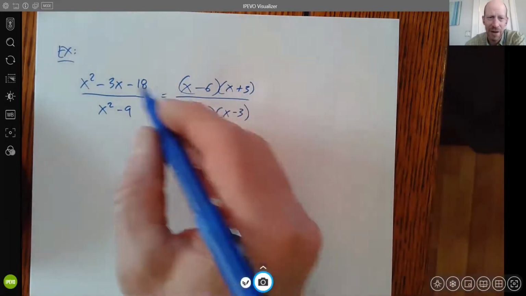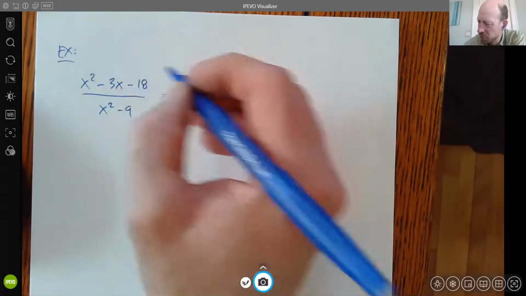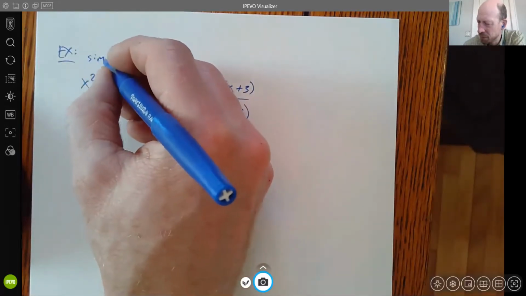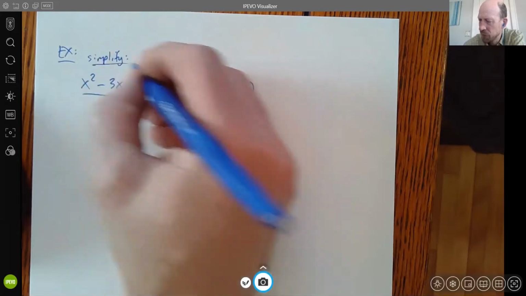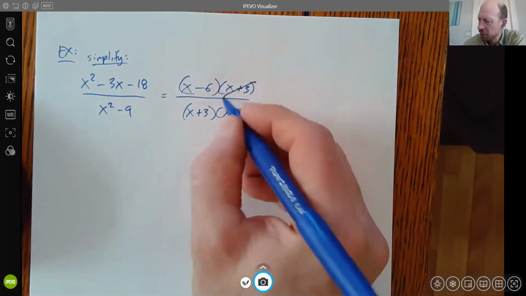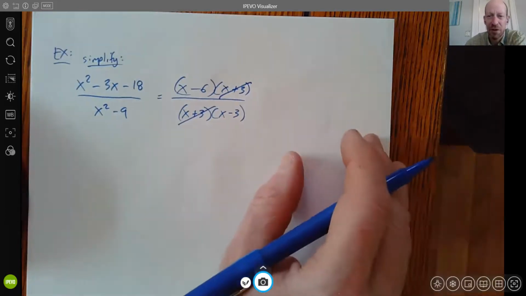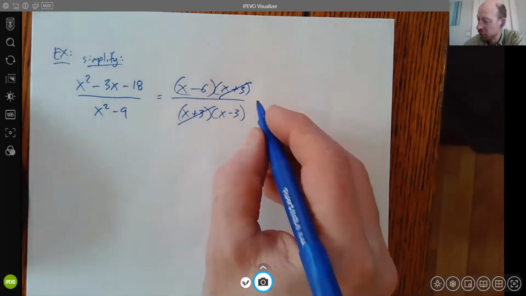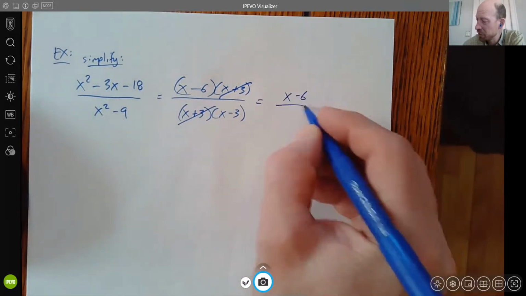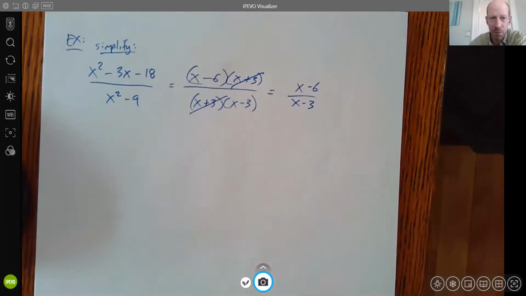So with this one, and I guess I didn't give you good instructions here, but it would be a simplify. So when we simplify this, we cancel the x plus 3's because those are now common factors, and I'm left with x minus 6 over x minus 3.